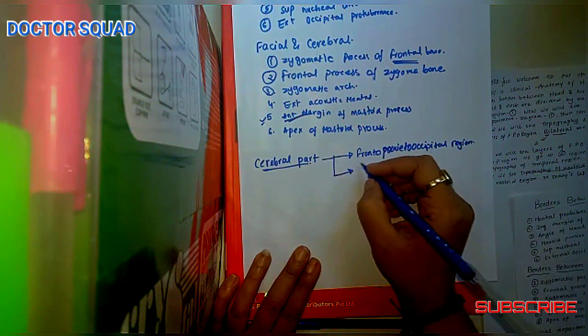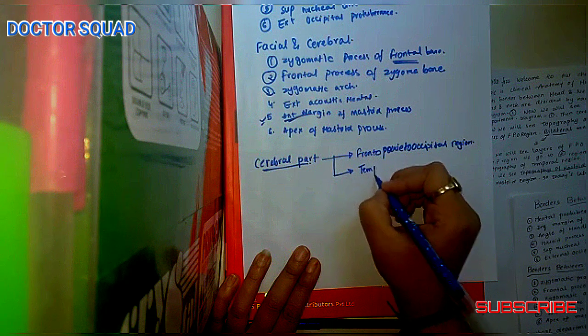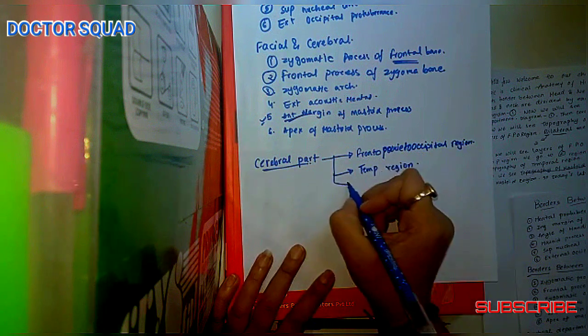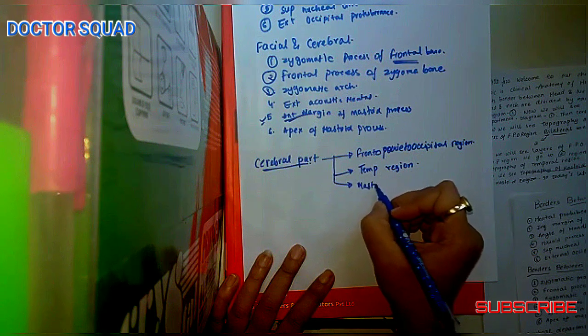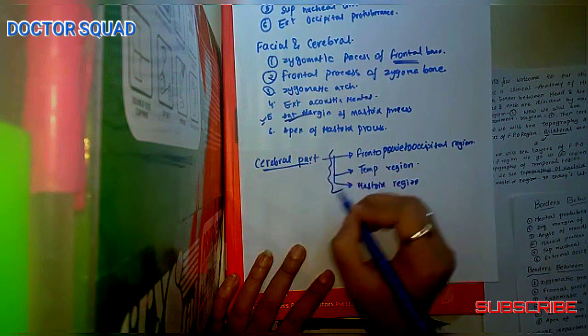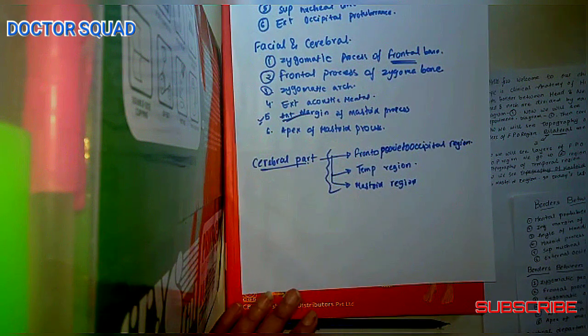Second, the temporal region. And the third is the mastoid region. These three are the cerebral regions.